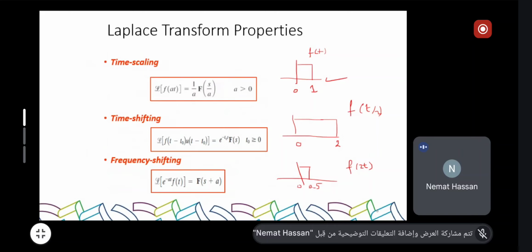Basically you have f of t, but here we have f of at. Time is multiplied by a factor, either for expanding or for shrinking.